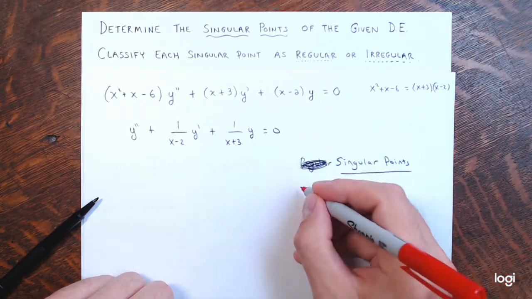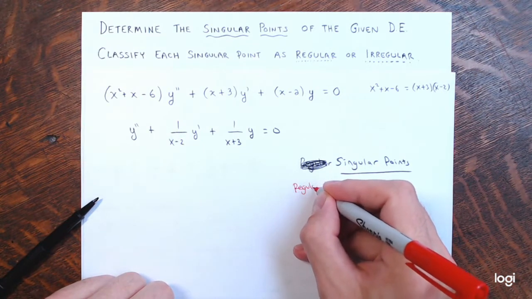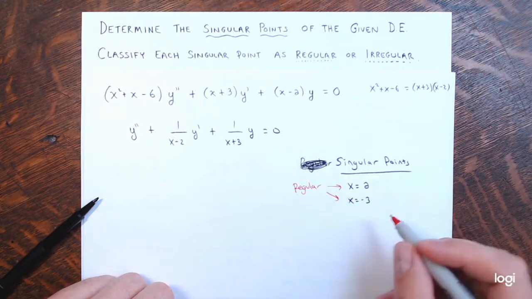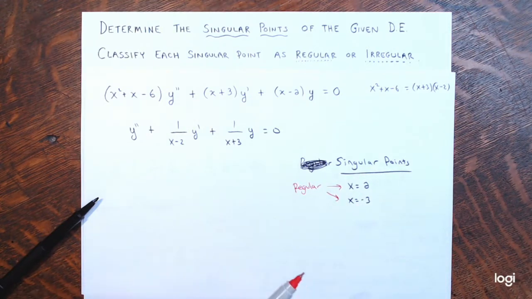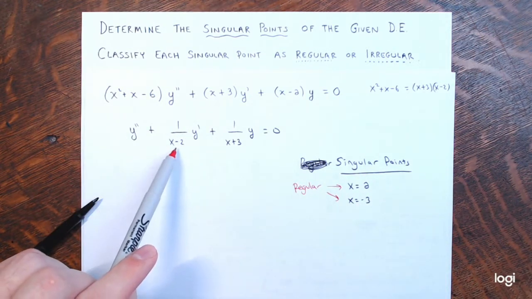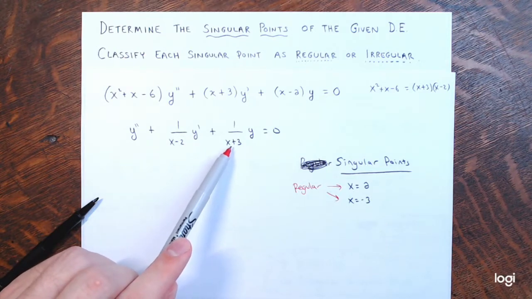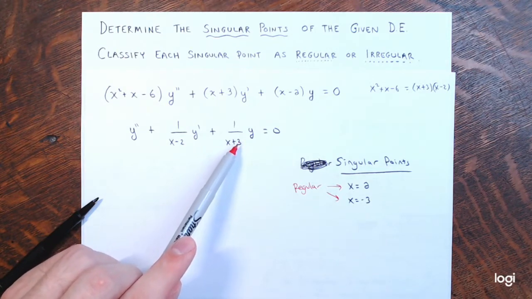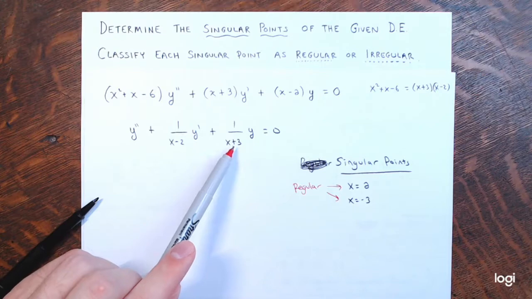So x equals 2 is regular, and the same for x equals negative 3, because again, you'll be dealing with x plus 3, and the power of x plus 3 is 0 in this first denominator, so it's 1 or less. And the power of x plus 3 is 1, meaning that it's 2 or less in the second denominator, the q of x denominator.